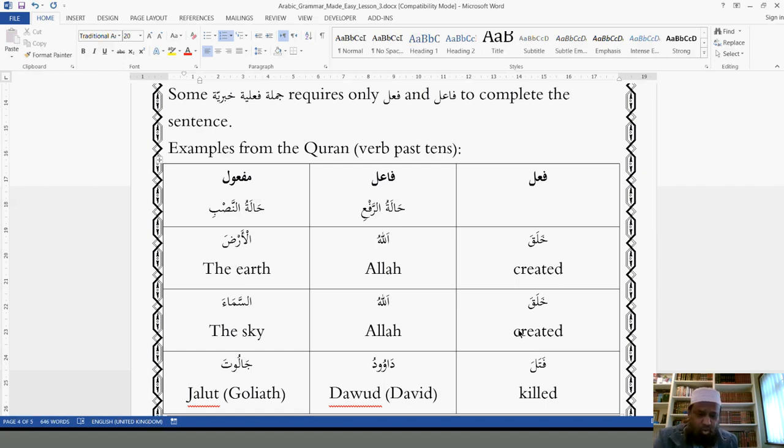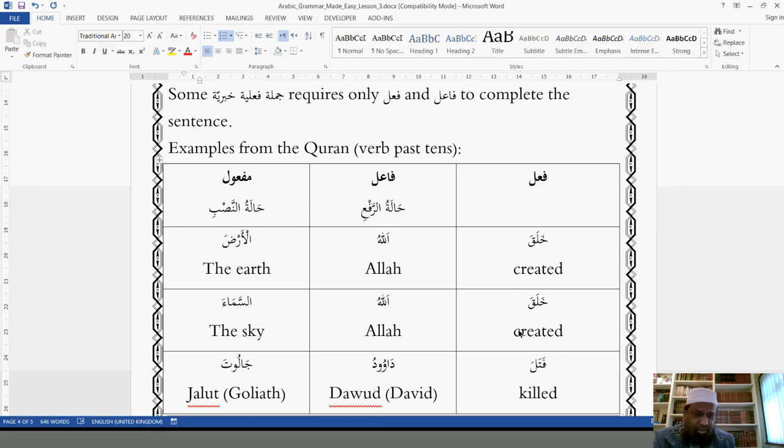Next, qatala Dawudu Jaluta. Qatala Dawudu, which is the fa'il, it is in halatul rafa. We see one dhamma. Why don't we see two dhammas? As I said, there are some words that have only one dhamma. We will learn these words later on. But the dhamma tells us the i'rab of the fa'il, halatul rafa.